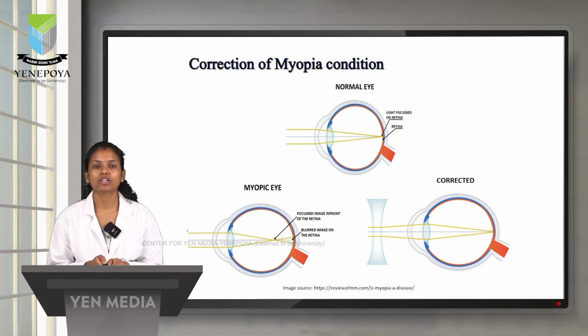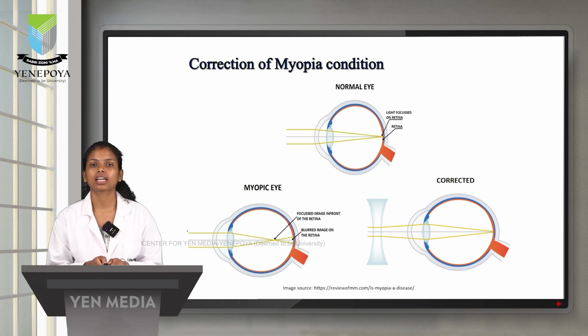But for a person with myopic eye, also termed as nearsightedness, the person is unable to see a farther object because the light rays coming from the faraway object after refracting through the lens converge at a point much before the retina and a blurred image will be formed on the retina.